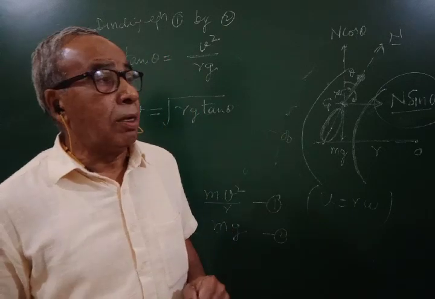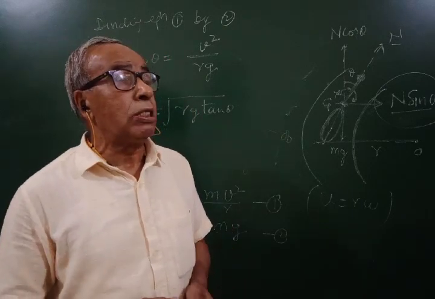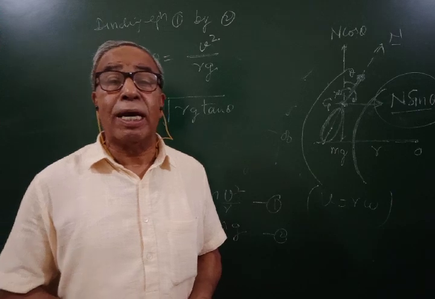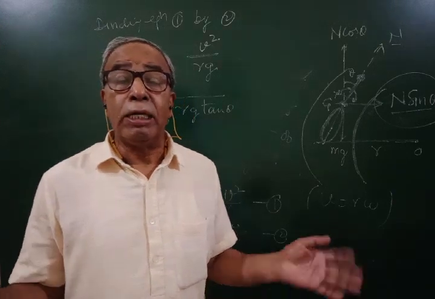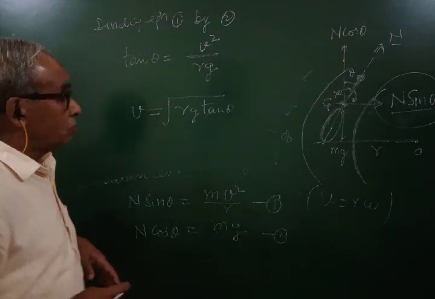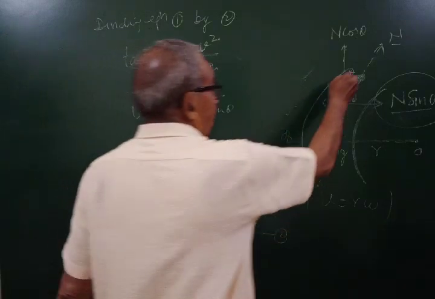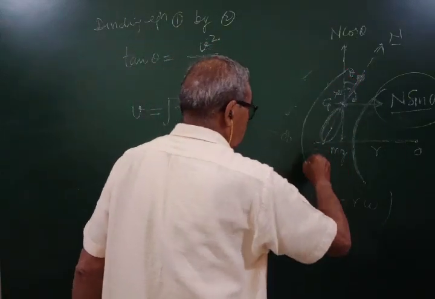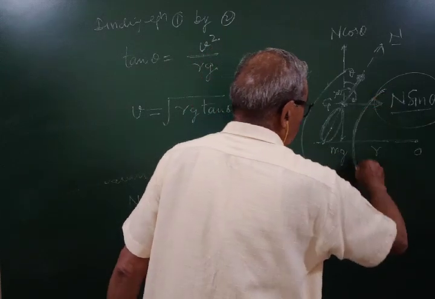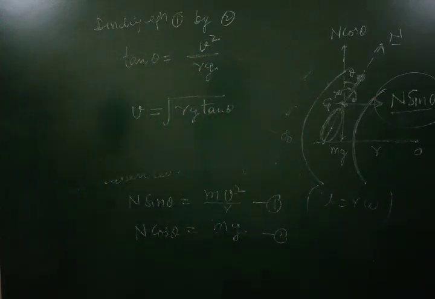I am repeating again that centripetal force is the force required to change the direction of motion. It is not produced by itself. It has to be applied on the body which is moving on the circular path.